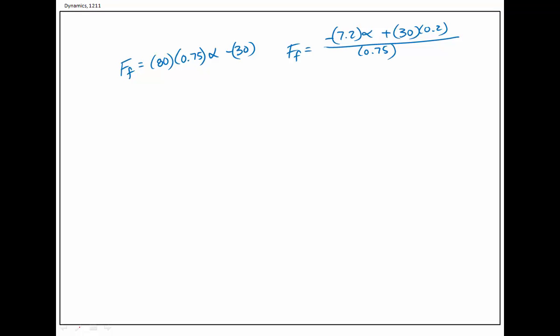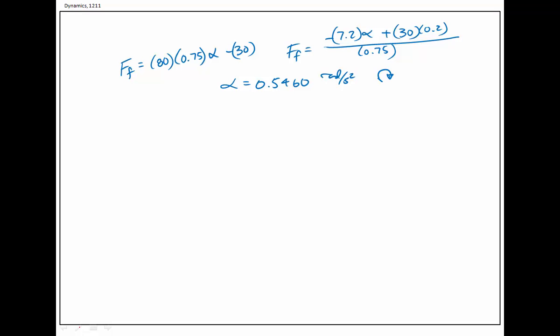We can equate these two things, and we could find that alpha is equal to 0.5460 radians per second squared, which is what we were trying to find, and that's going to be in the clockwise direction as we assumed.